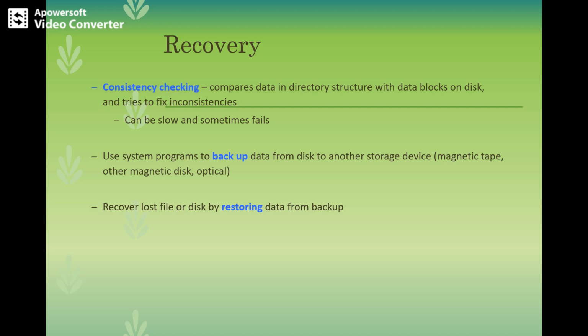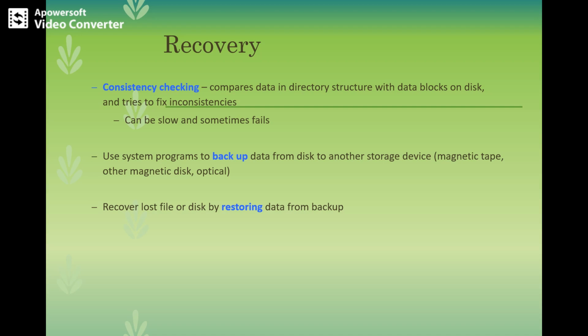A special program will be run at reboot time to check for and correct the disk inconsistency. The consistency checker compares the data in the directory structure with the data blocks on the disk, and it tries to fix the inconsistencies.